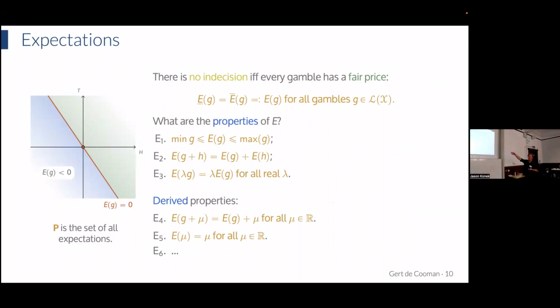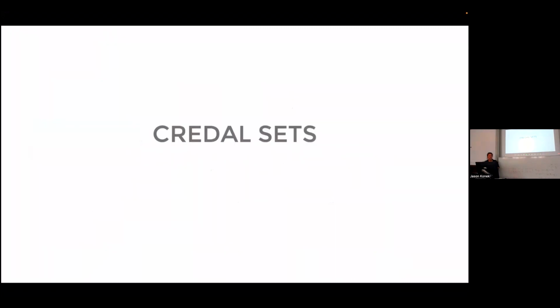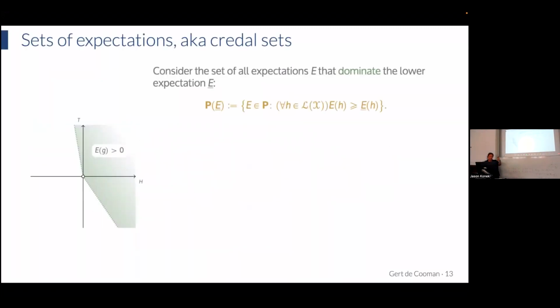So it is linear, it's a linear functional, and it's bounded. That's an expectation. I've shown that it is equivalent to a mass function here. And then the next step is showing that if I have a lower expectation, then this is equivalent to a convex closed set of expectations, of precise ones.